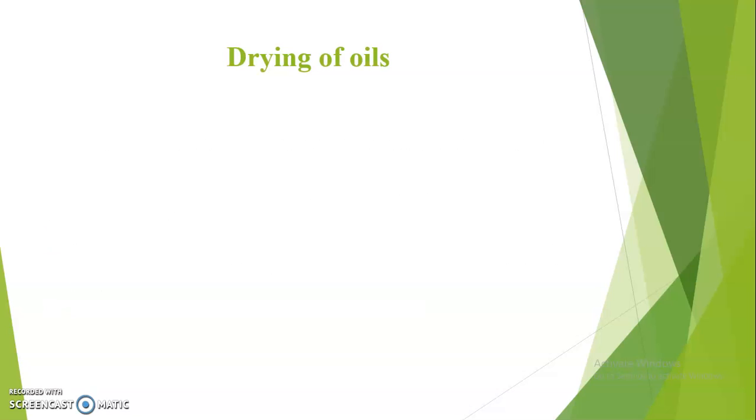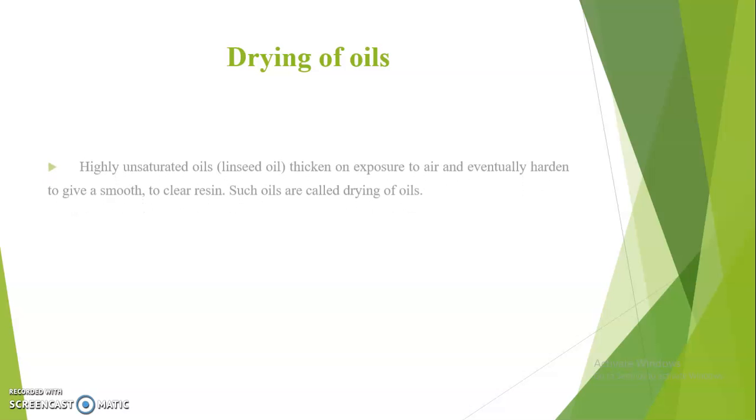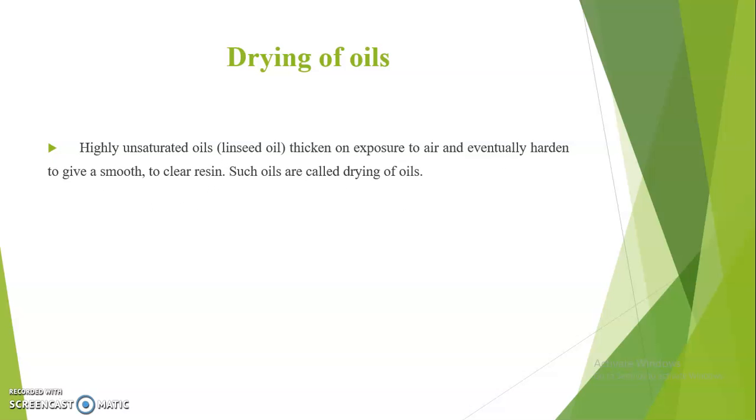Then the last property that is shown by fats and oils is drying of oils. Highly unsaturated oils, for example linseed oil, thicken on exposure to air and eventually harden to give a smooth and clear resin. Such oils are known as drying oils.